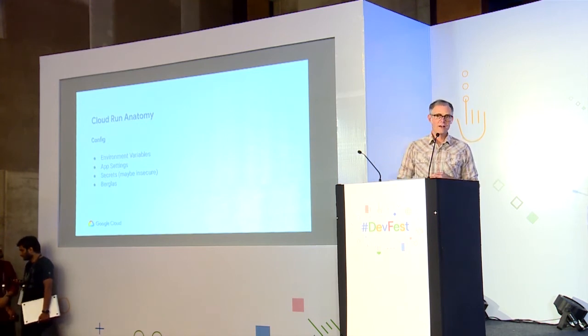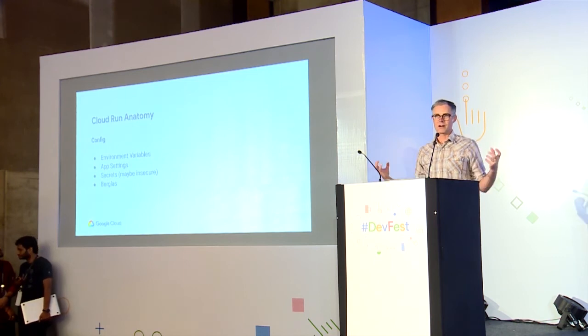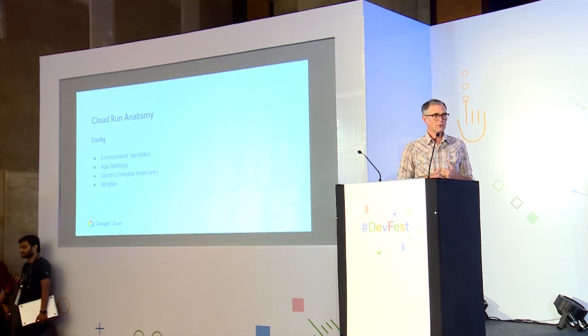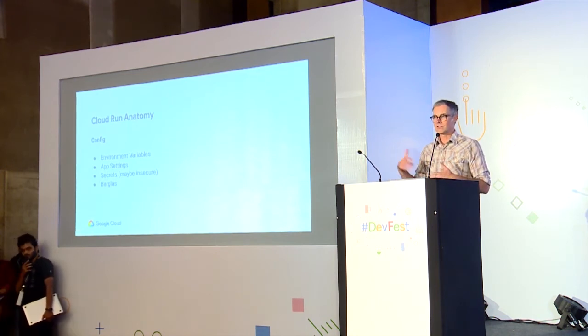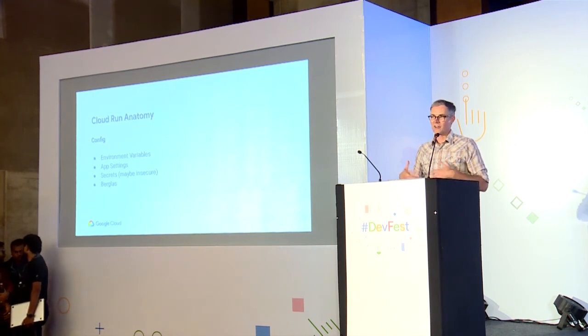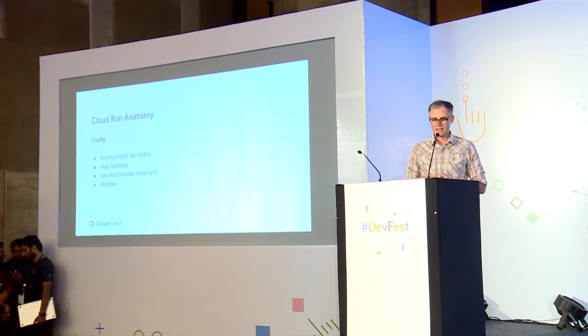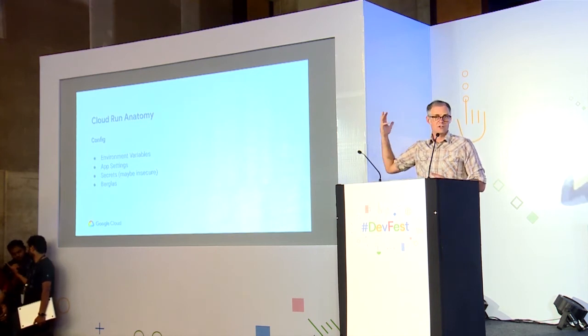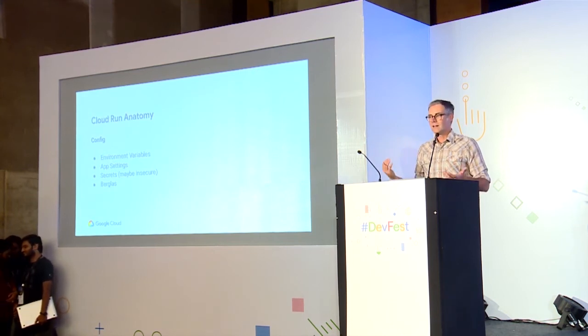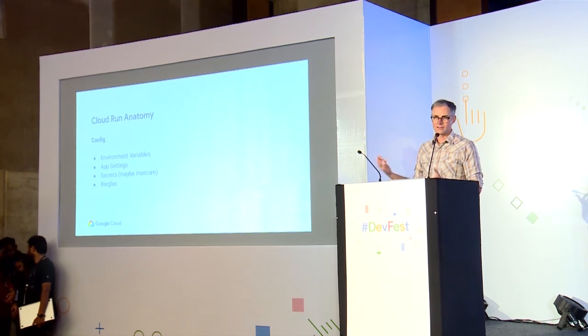But on Cloud Run, the way to do this, separate our configuration from our actual running thing, is we use environment variables, and this is what Heroku and many other platforms do. And so this allows us to provide application settings to our application through these environment variables. In some cases, you may use this for secrets to store like usernames and passwords for services that you're connecting to, or database connection strings, that sort of thing.